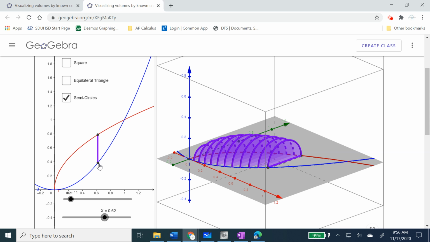What is your differential? What is that width of your bread? Is it change in X or is it change in Y? If you're making these vertical slices, yep, it's dx. So anytime the cross sections are perpendicular to the x-axis, dx is your differential.